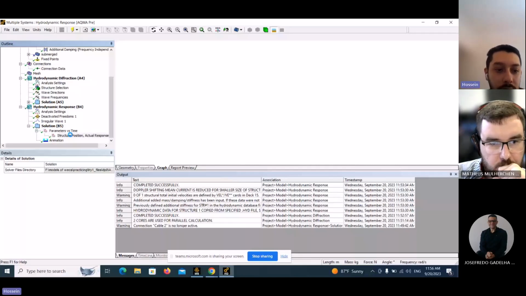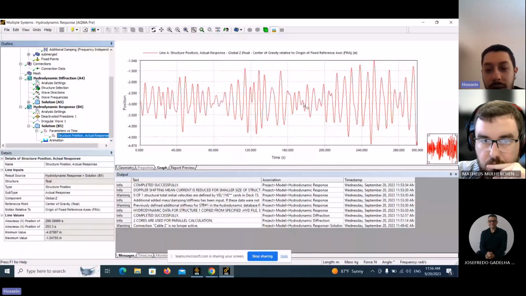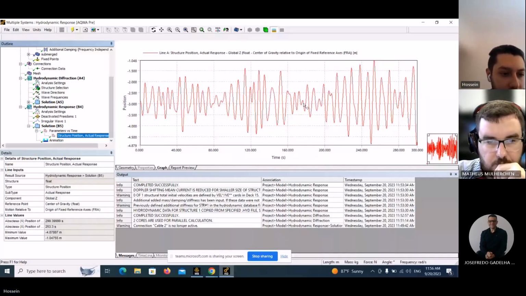Now you can extract this motion and the velocity into the formula for the calculation of the power. You have the stiffness and damping coefficients, so you can calculate the power based on the formula. It's just this.